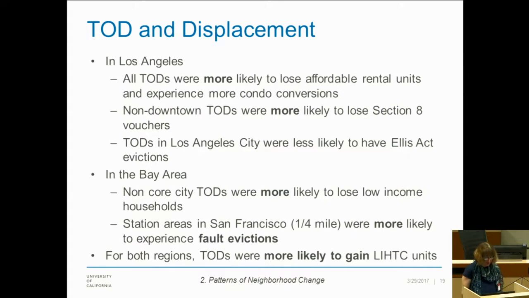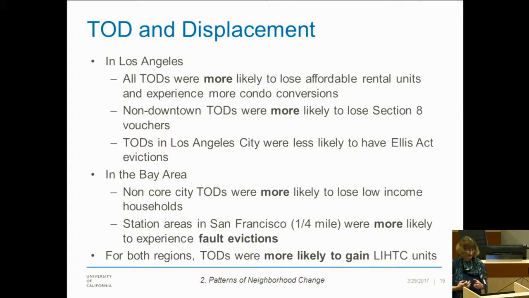So what did we find here? We found very mixed findings depending on what type of displacement we were looking at. In Los Angeles, we found that TODs were more likely to lose affordable rental units and experience more condo conversions. Outside of downtown in Los Angeles, there was more likelihood of losing the Section 8 vouchers.